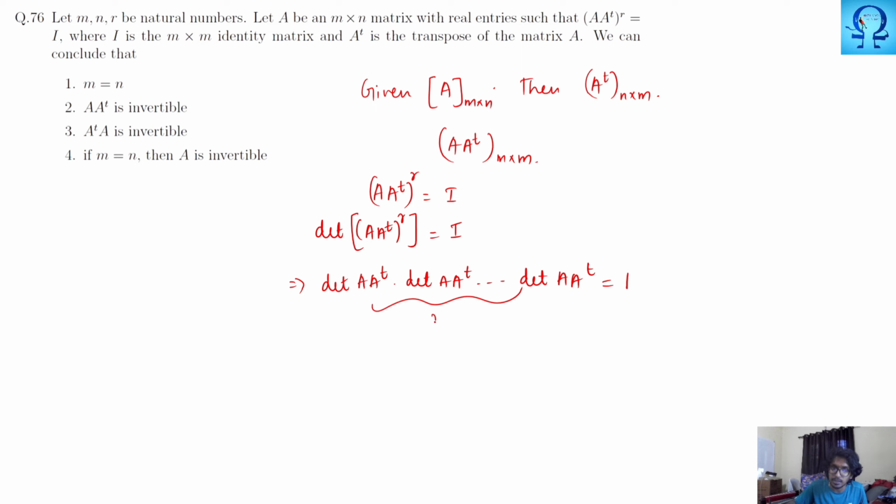This is repeated R times. Since the discussion is taking place in real numbers, this claims that determinant of A transpose is not equal to 0, which tells us A transpose is invertible.